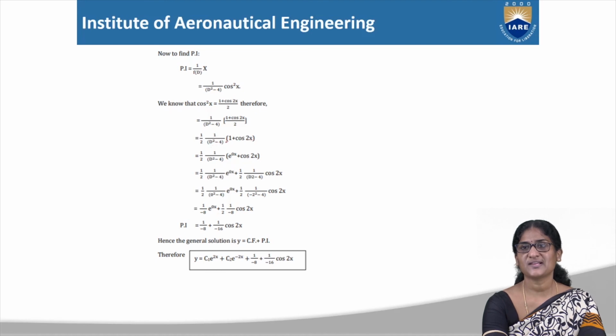Now this can be written as e power 0x plus cos 2x into 1 by (D square minus 4). So 1 by 2, 1 by (D square minus 4) e power 0x plus, splitting that into two different parts, multiplying the total terms with e power 0x and cos 2x separately, 1 by 2, 1 by (D square minus 4) into cos 2x.